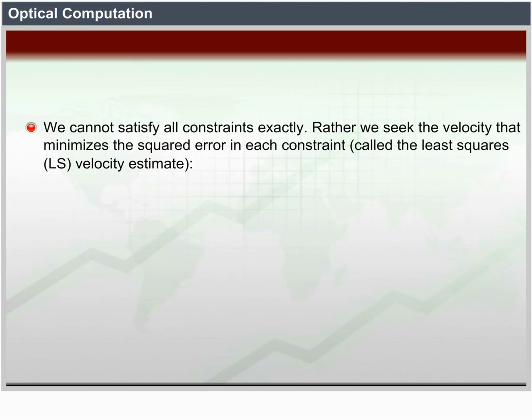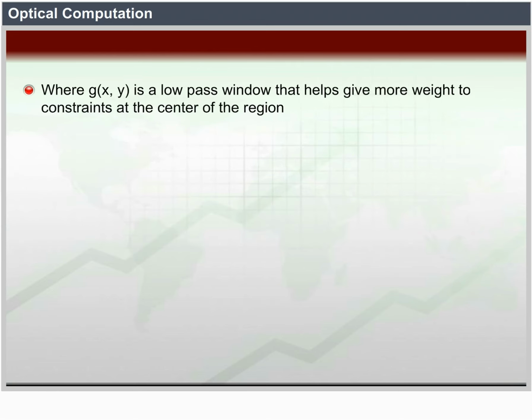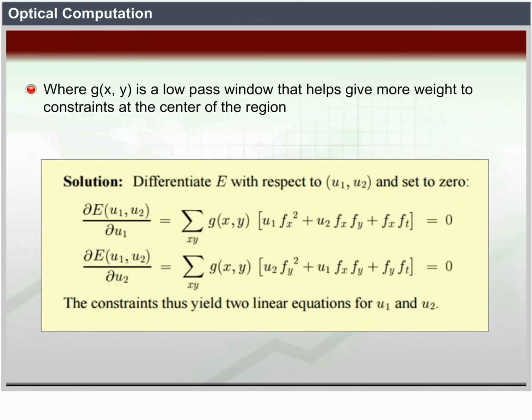Rather, we seek the velocity that minimizes the squared error in each, called the least squares velocity estimate. Where g of x, y is a low-pass window that helps give more weight to constraints at the center of the region. Solution: differentiate E with respect to u1, u2 and set to 0, as shown in the equations on screen.